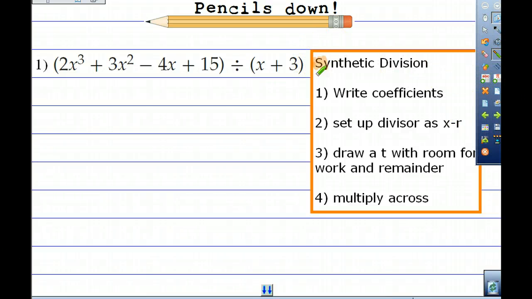called synthetic division, as opposed to long division, is kind of like the relationship between the quadratic formula and factoring. The quadratic formula always works. Long division always works when you're solving an equation to the second power.